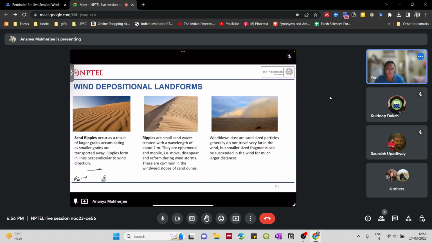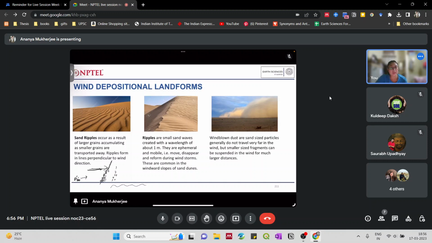The wind is still moving like this, and the coarser grains are going to start getting deposited here in a linear fashion, or some place else again over here. These linear features are called sand ripples, and these are always perpendicular to the wind direction. So this is the axis of the ripples and this is the wind direction, so it is perpendicular.